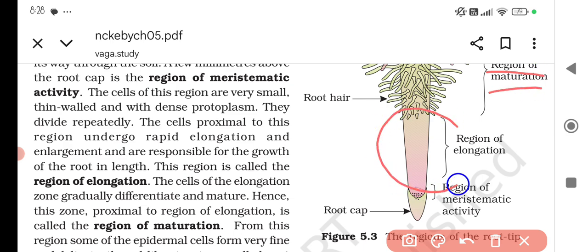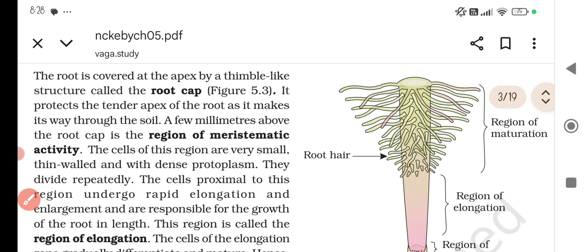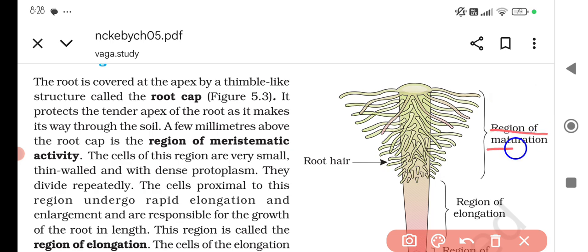They are no longer a part of the region of elongation. They have enlarged and now they will differentiate, get specialized to perform a specific function, and mature.